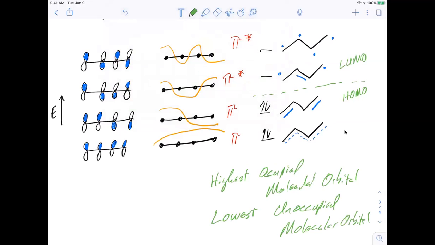It would go from our HOMO right here to our LUMO. We'll get to this later this year, but for right now, it's important to introduce this because we're not going to come back to it for a while. So this is kind of foreshadowing. The HOMO to the LUMO. This is the reactivity that's going to be the most important.